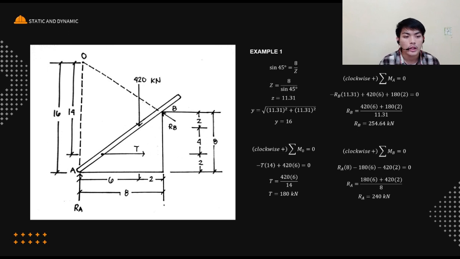Then we have our clockwise positive summation of moments at A equal to 0. We start with our force RB, which would be negative, and its moment arm is 11.31, plus 420, the force of the rod, whose moment arm is 6, plus our tension of 180, whose moment arm is 2, equal to 0.